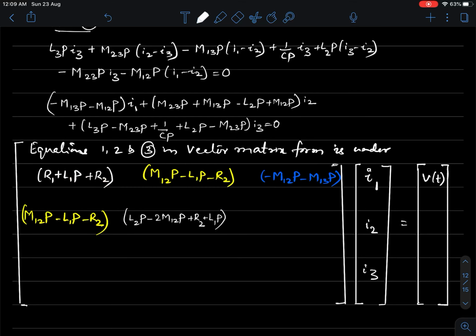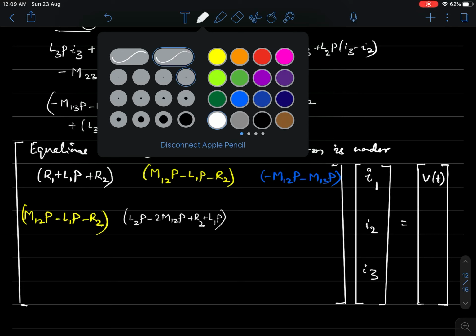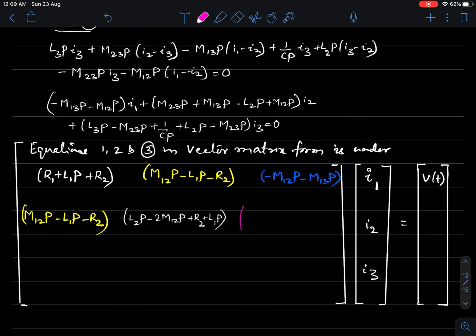Now I'll pick my white pencil back. So the coefficient of I3 from the second equation, what is it? I'll use another color. There is a specific reason why I am writing it in specific colors. It will be evident in a short while from now. You have to be a little patient. That's it.